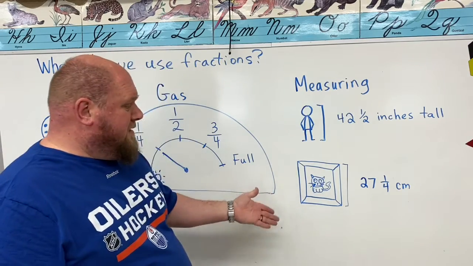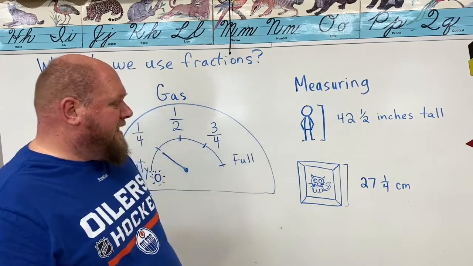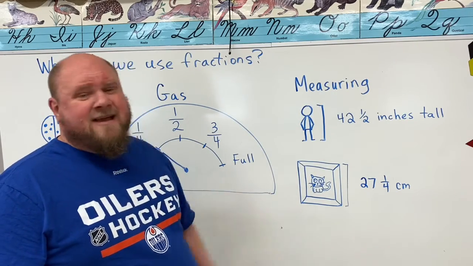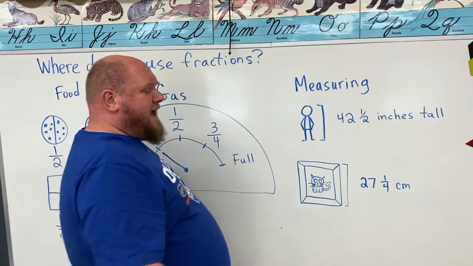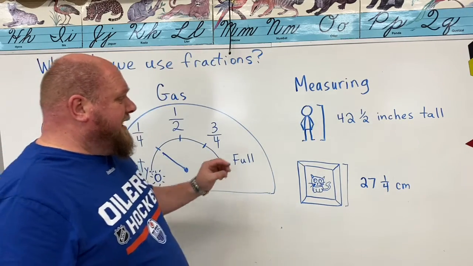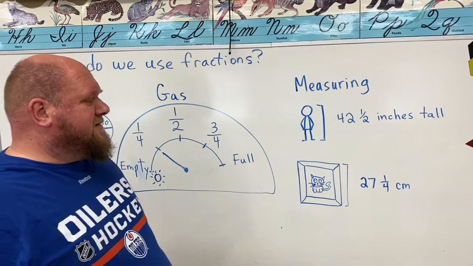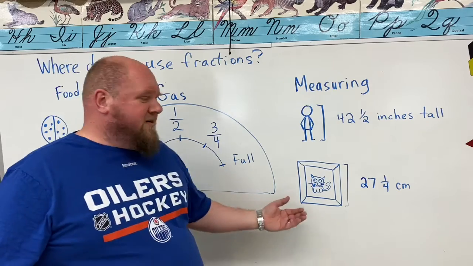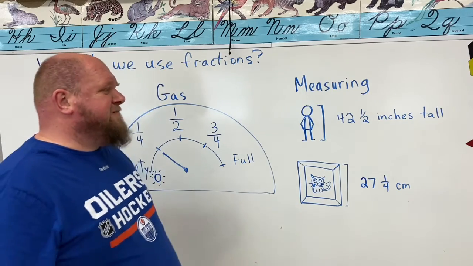Maybe you're making a picture frame, and you know that each side of the picture frame to fit the cat picture has to be 27.25 centimeters. So you could carefully measure that out, 27.25 centimeters, to make sure that you have the right size of picture frame.